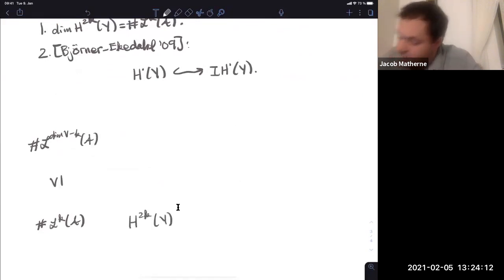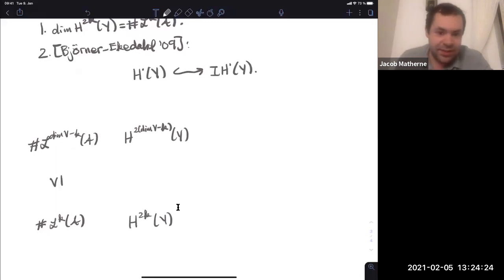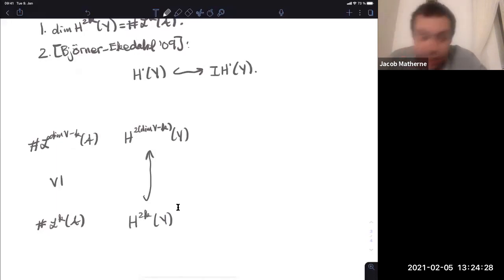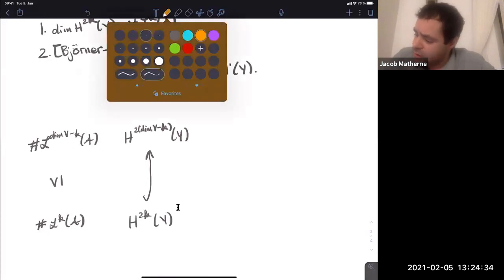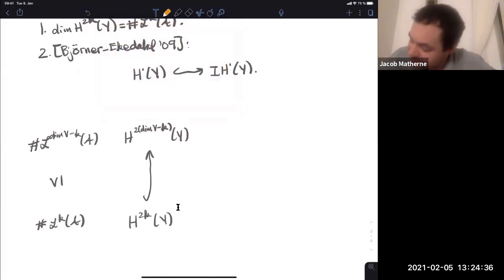The dimension of this vector space is equal to the left-hand number, and I can look at the dimension of this other vector space, and I want the one dimension to be smaller than the other, so I want an injection here. That would imply this top-heavy conjecture. Okay, so I would have such an injection.